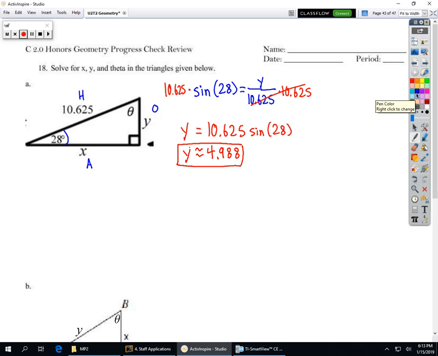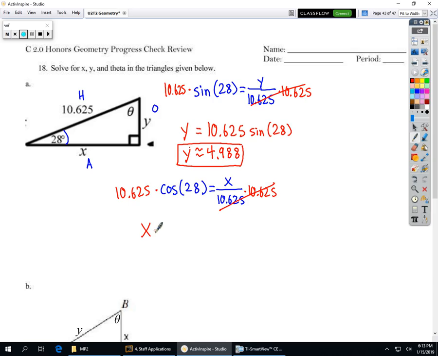X is the adjacent. So x means I got to use cosine. So cosine of 28 equals adjacent x over hypotenuse 10.625. I really don't like this decimal. Do the same thing. Multiply 10.625 on both sides. These cancel.